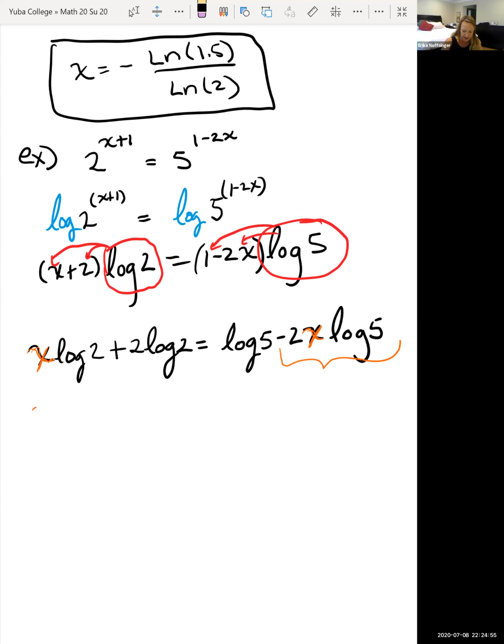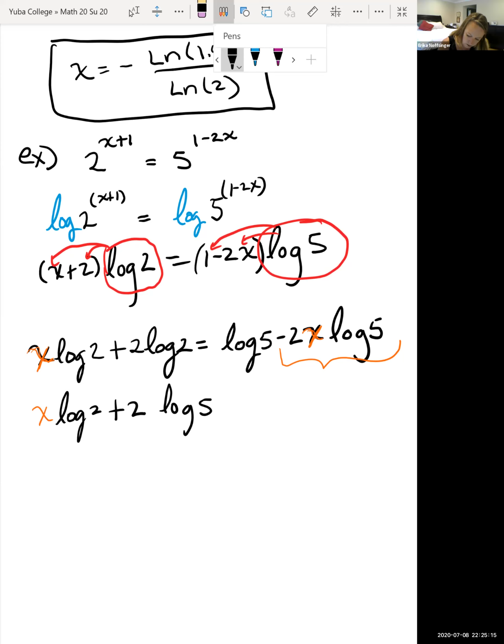So we have then x times our log of 2 plus 2x log of 5 is, so at the same point, let's move this positive 2 log of 2 over to be with the constant of log of 5.